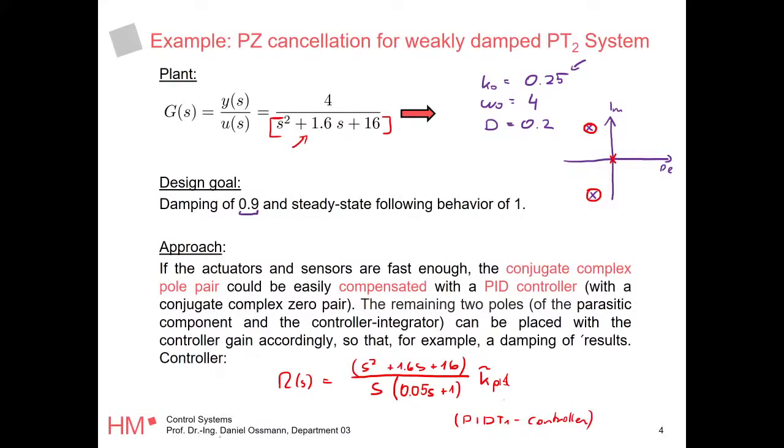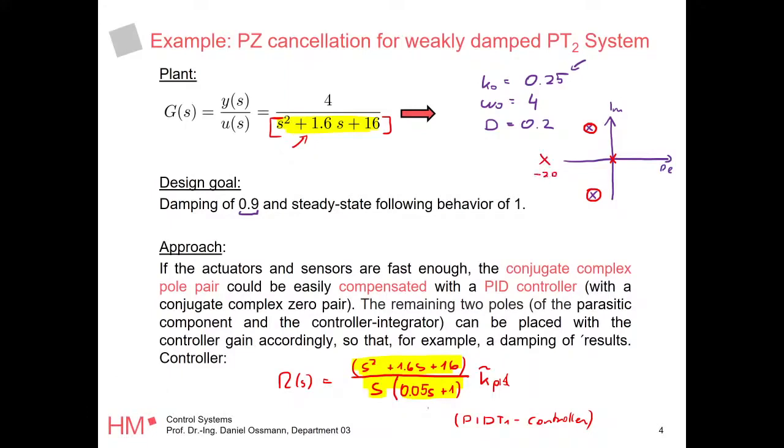right? So again, what did we do? We put the two zeros exactly above these two poles. We implement an integrator for steady state accuracy. As a PID controller is not causal, we need to have a parasitic delay, brings us another pole at minus 20. So we're going to take that in here.